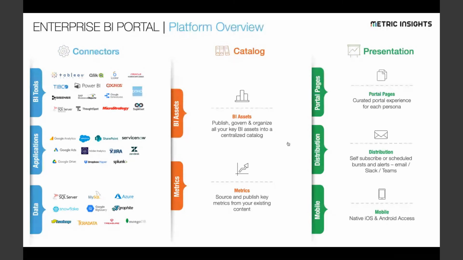So again, the major components being connecting to content, creating this central governed catalog that is available to users, and then probably as important, presenting that in a way that is going to drive engagement within your organization, drive usage of your BI tools and the assets that you're putting time into creating.